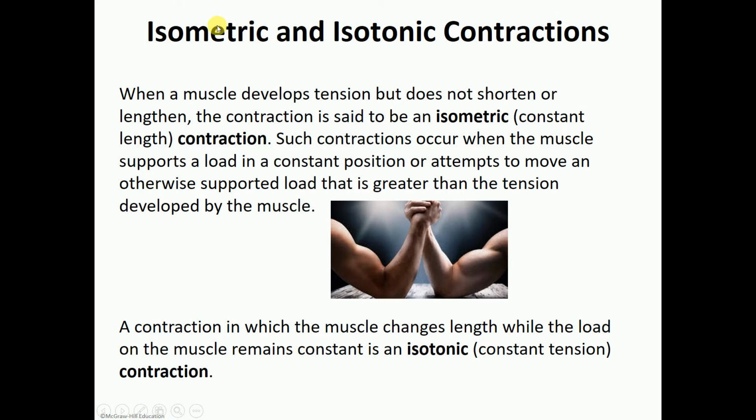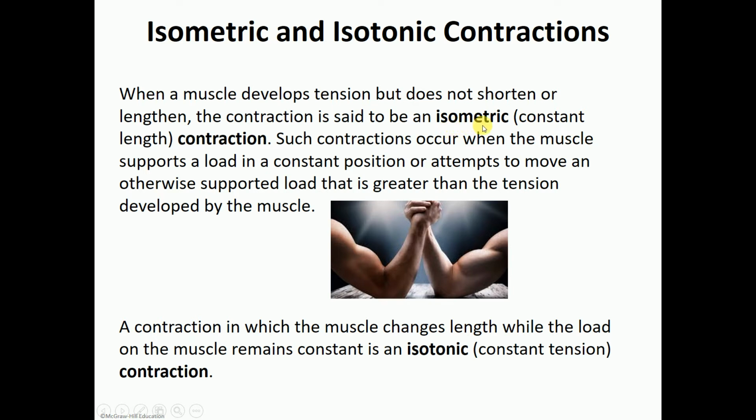Now, what is the difference between an isometric and isotonic contraction? When the muscle shortens, or when the sarcomere shortens, one of two things would have to change: either the tone of the muscle or the length of the muscle, not both. So in an isometric contraction, iso means the same.